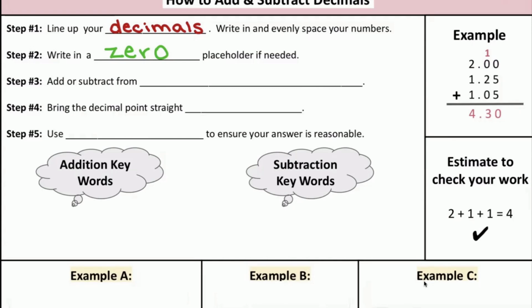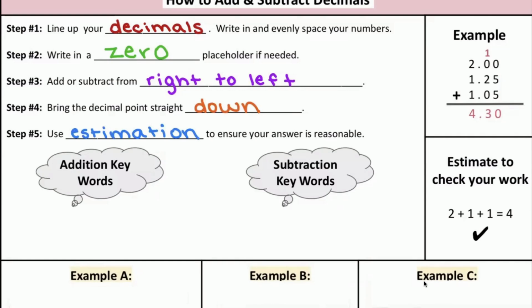Our next step, step 3, is to add or subtract from right to left. So in our example, the first thing I did is I added 5 plus 5. So you start on the right-hand side, and we'll practice this in just a second. Then when you solve, you're going to bring the decimal straight down. And lastly, step 5 is to use estimation to ensure your answer is reasonable.